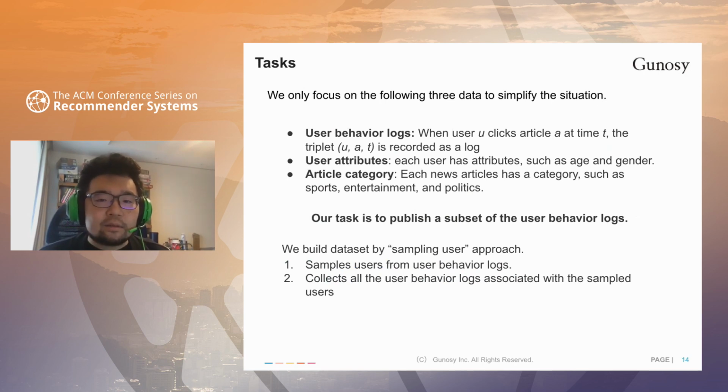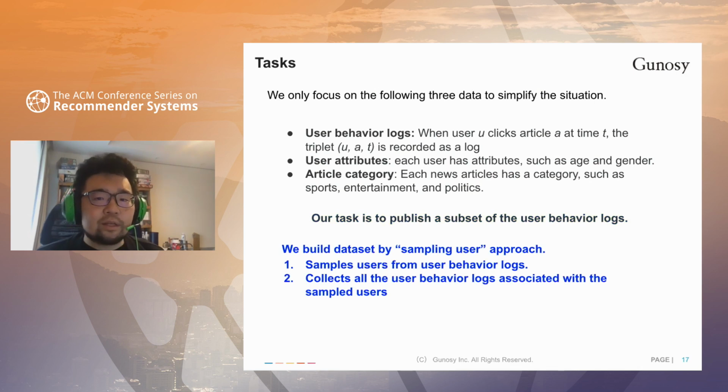Thus, I talk about the tasks in this paper. We only focus on the following 3 data: user behavior logs, user attributes, and article categories. And our task is to publish a subset of the user behavior log, and we do not publish user attributes and article categories. We build the dataset by a user sampling approach.